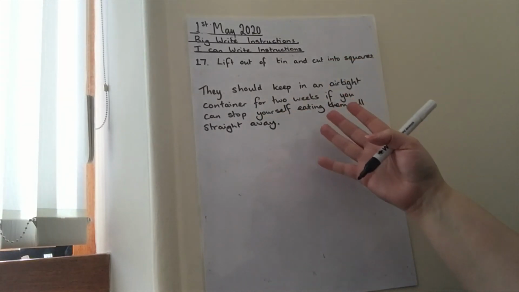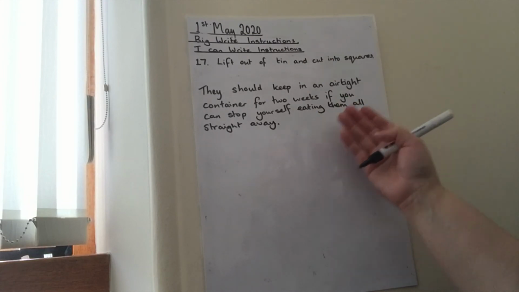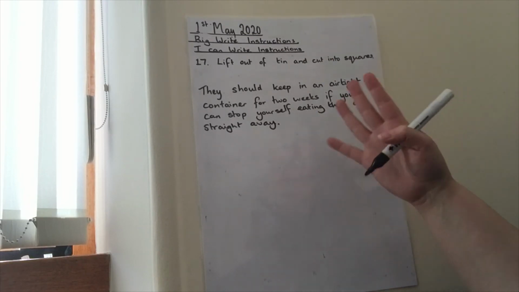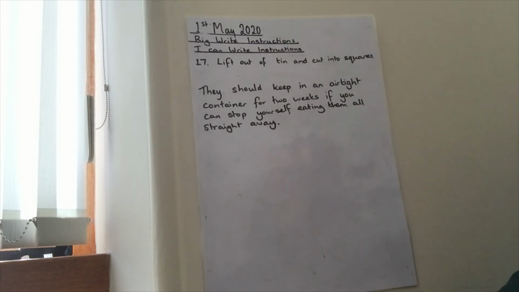So it kind of rounds up what we've been making, how to enjoy it, and any other information, in this case, that they can be kept in an airtight container for several weeks.